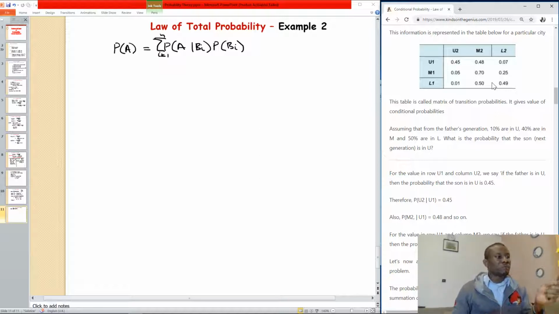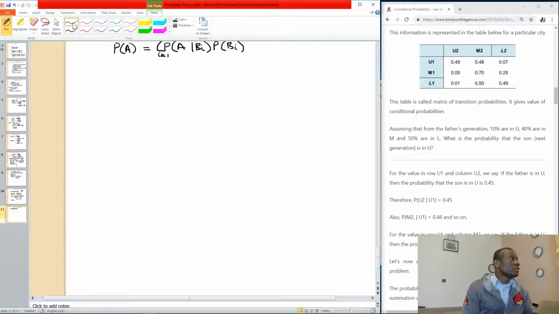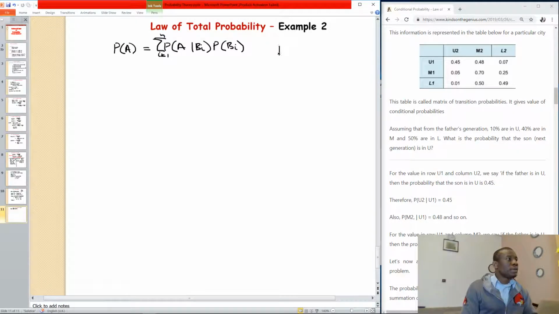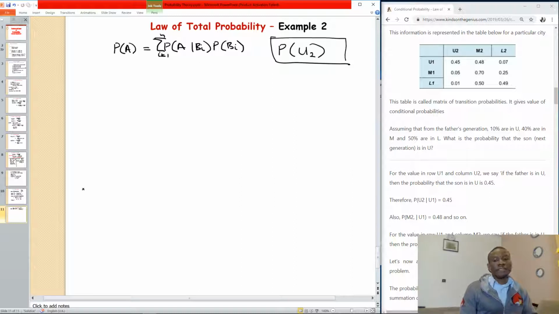In this case, we're interested in finding the probability that the son is in U. So have it in mind, this is what we are trying to find.